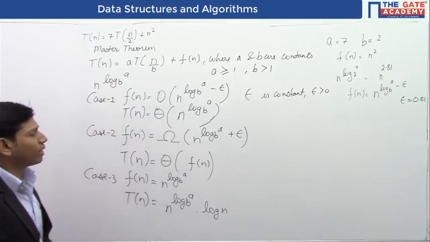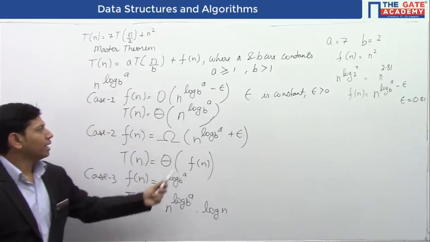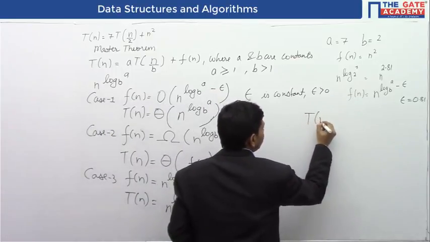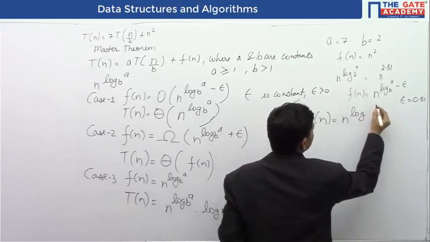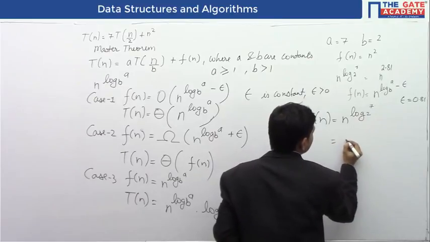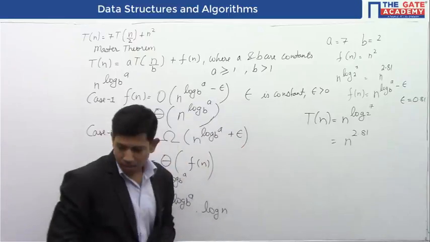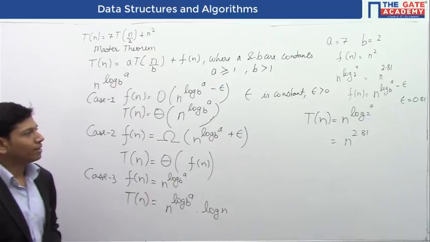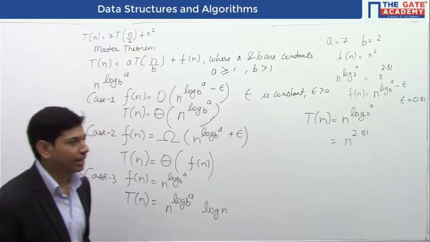So according to case 1 of master theorem, what is the value of T(n)? The value of T(n) will be n raised to power log of a base b, which is n raised to power log of 7 base 2, which equals n raised to power 2.81.